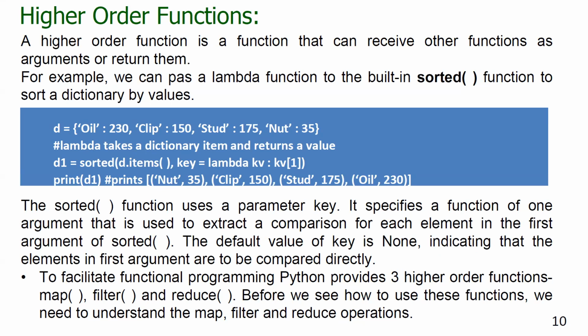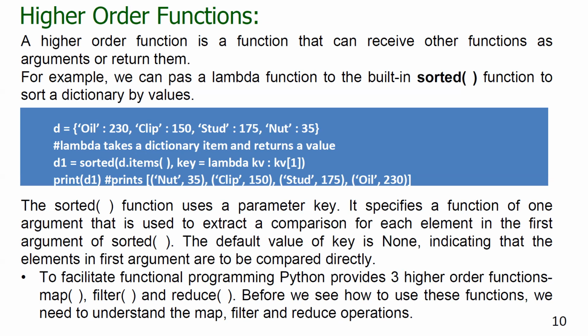What we have done here is that the sorted function uses a parameter key. It specifies a function of one argument that is used to extract a comparison key for each element in the first argument of sorted.